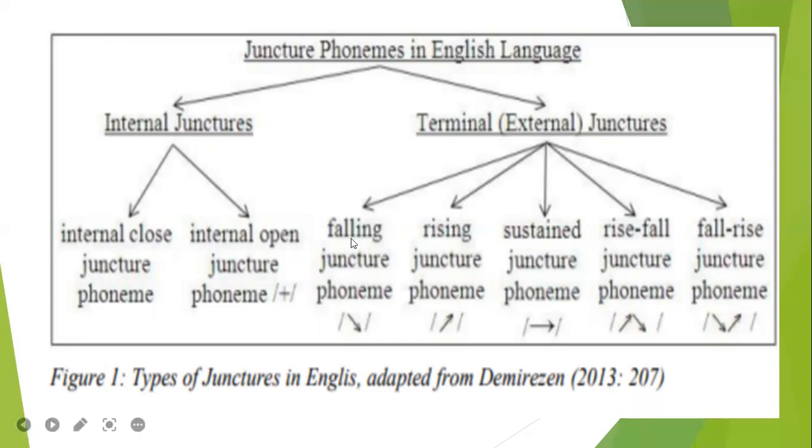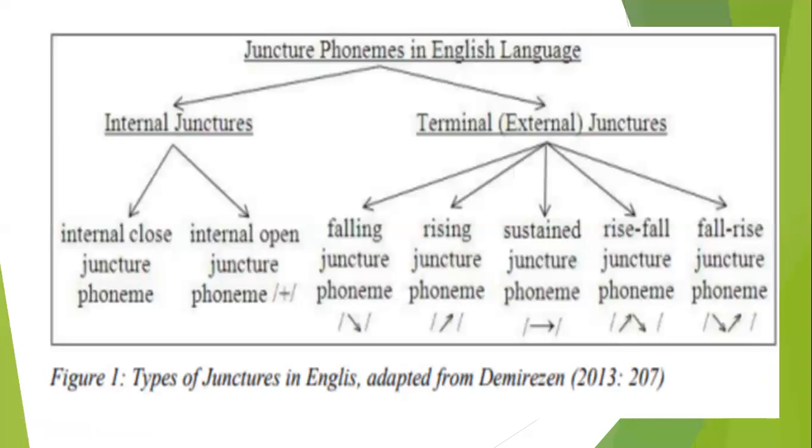Number one, we have falling juncture phoneme, and this is your symbol. Then we have rising juncture phoneme. This is your symbol for rising juncture phoneme. And then we have sustained juncture phoneme. That's your symbol. And then we have rise fall juncture phoneme. That's your symbol. And fall rise juncture phoneme.